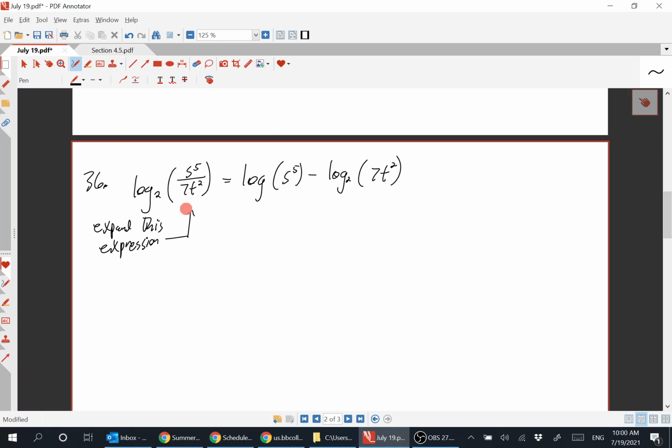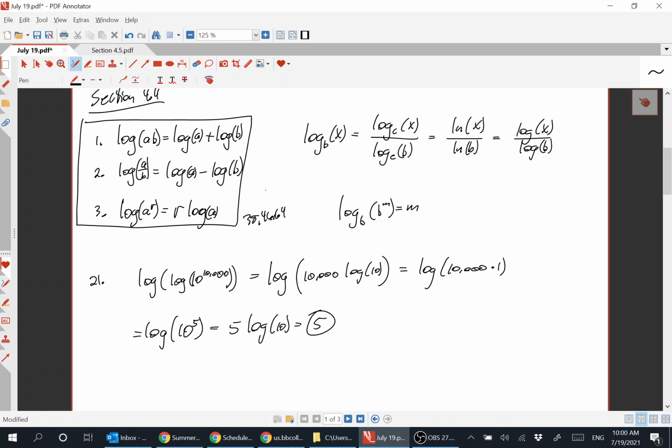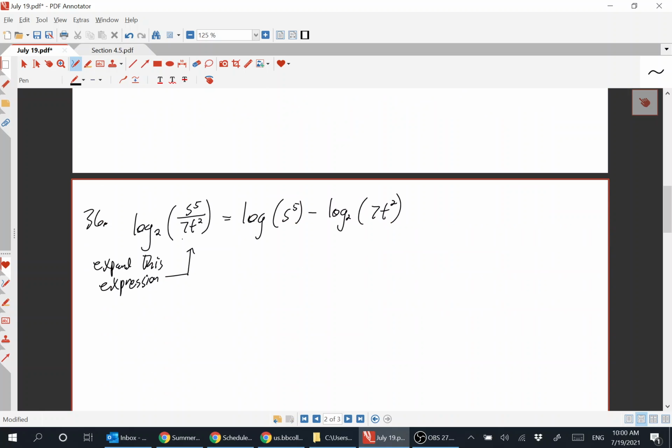Right. Well, first we have a fraction. So the log of a over b is the log of a minus the log of b. That's number 2 there. So we applied that. Now this one is a product, so the product becomes a sum of logs.